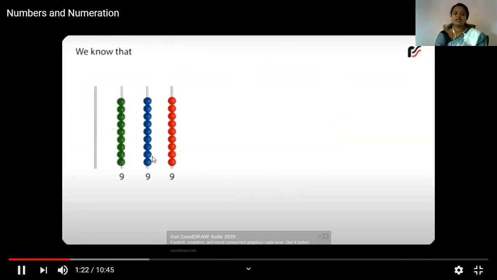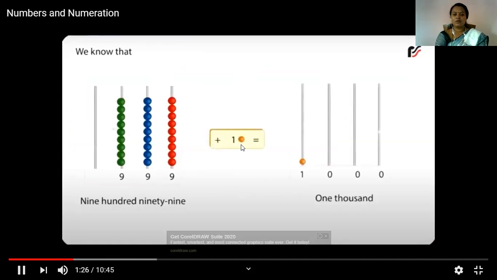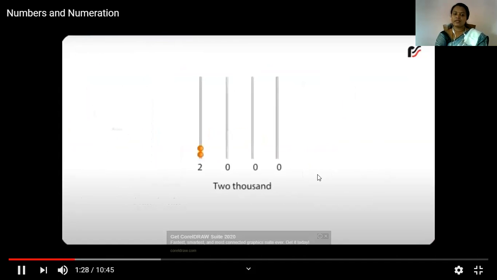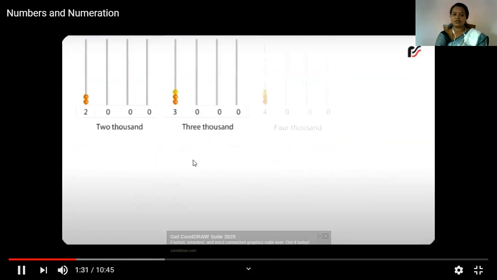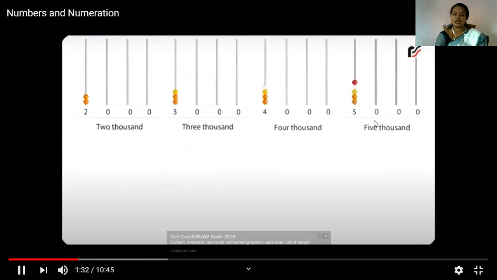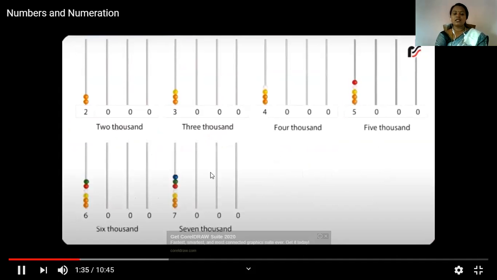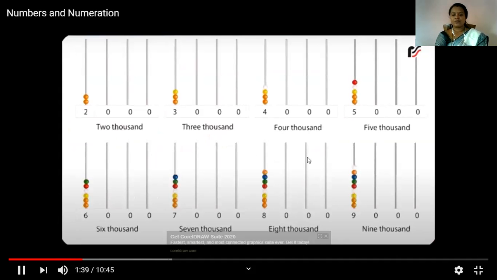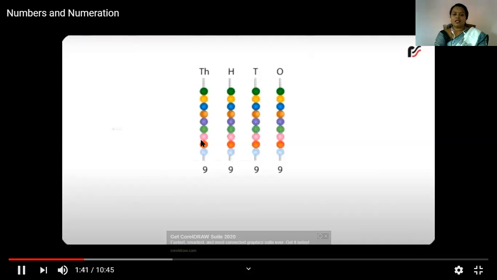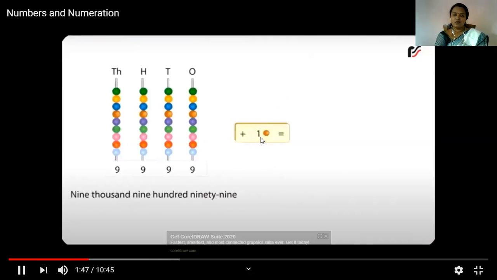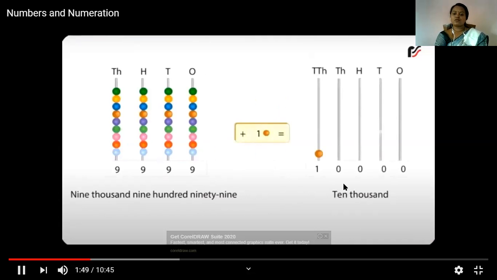We know that 999, when we add with 1, it results to 1000, 2000, 3000, 4000, 5000, 6000, 7000, 8000, 9000. 9999, when we add with 1, it results to 10,000.